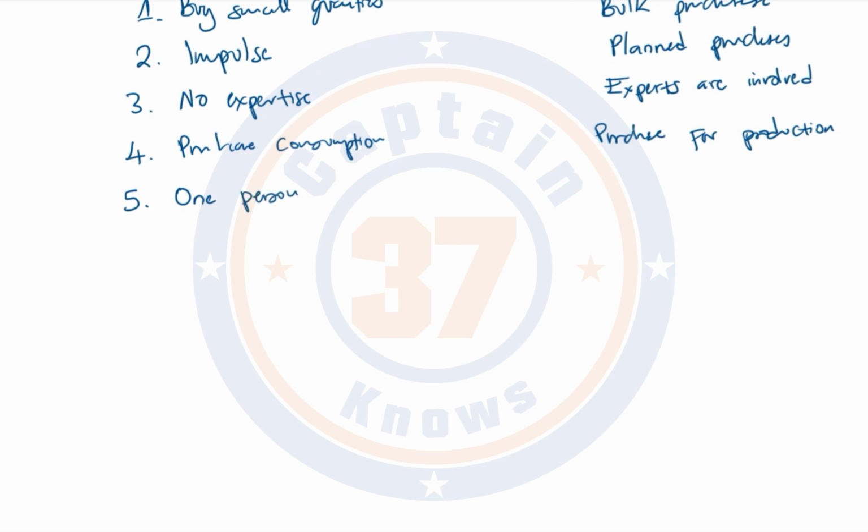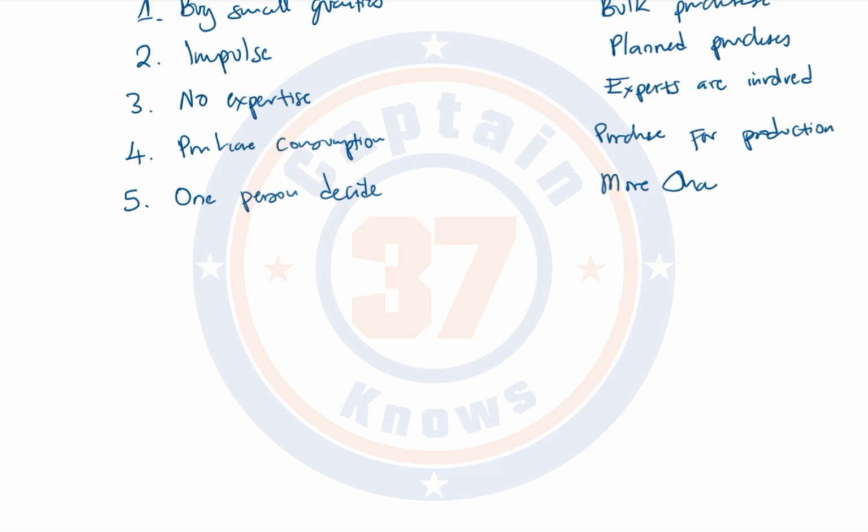As an individual, I can walk into a shop and decide. I may not need to consult my family members, my wife, my workmates, my brothers and sisters. I just buy. But for organizations, there are more than one person.